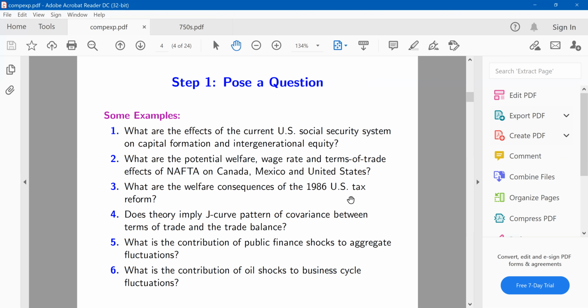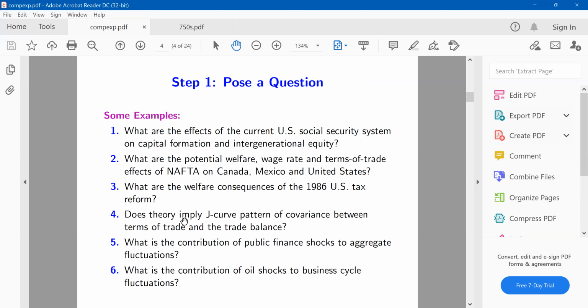From this question alone we understand that there was a tax reform in the United States in 1986, and we are interested in its welfare consequences. How did this tax reform affect the welfare of people from different income levels, perhaps different types of jobs, different ages? All of these things could be relevant.